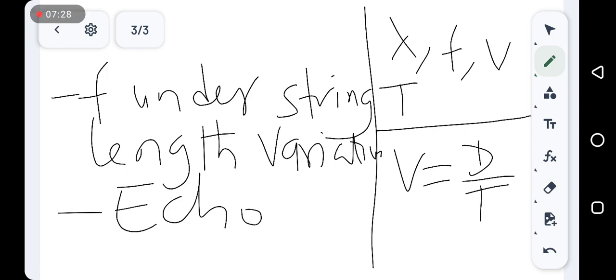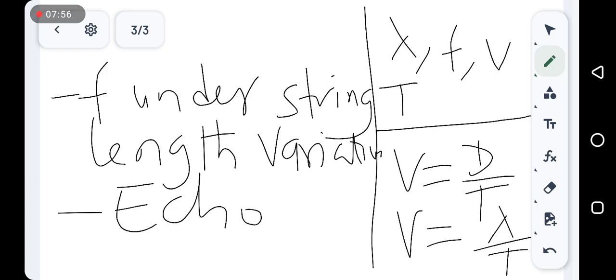The distance of a wave is a measure of its wavelength. So we replace D with wavelength. So in wave, instead of saying V is equal to D over T, we say V is equal to lambda over T.